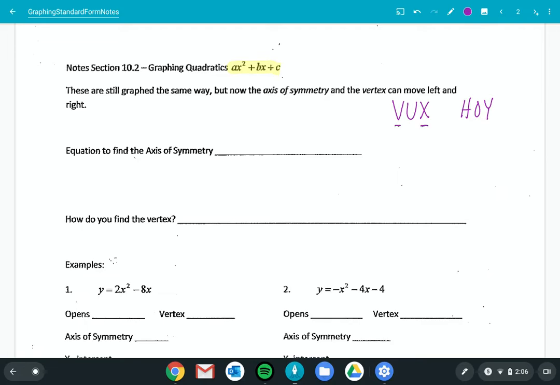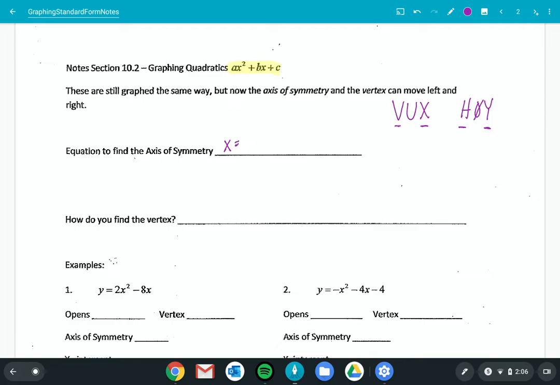X tells you what kind of equation it is. It's x equals. If it was horizontal, it would be y equals. So since the axis of symmetry is vertical, the equation for that line is always going to be x equals.